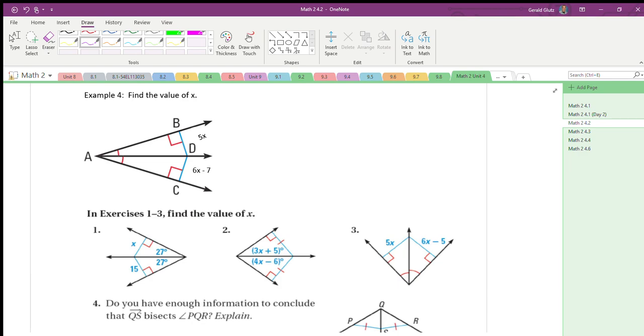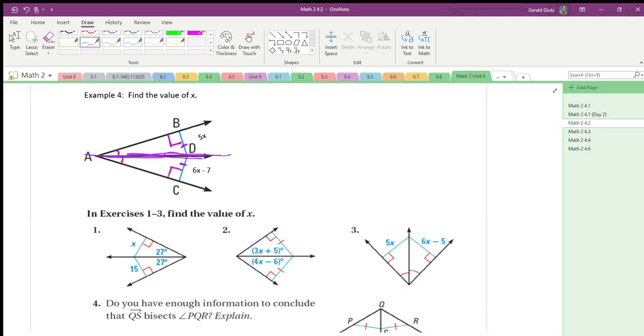So example 4, find the value of x. We know this is a 90-degree angle, 90-degree angle, and these two are congruent. So that must mean that AD is a bisector. So bisect man goes through. What do we know about BD and CD? These two have to be the same or congruent.